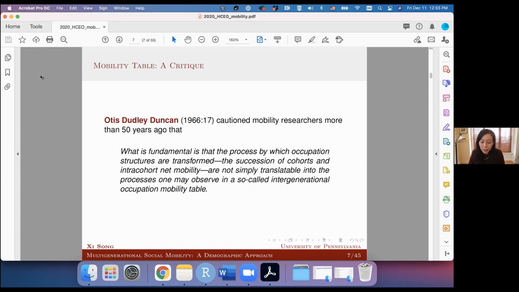So Duncan didn't explicitly use the word demography, but his critique actually points to the importance of understanding population dynamics or the renewal of population, by thinking about not only social mobility across generations, but also all the demographic processes that govern the transmission from one generation to the next generation.